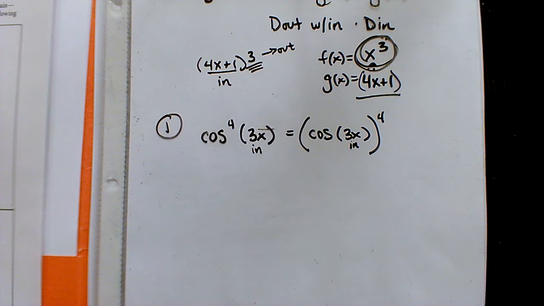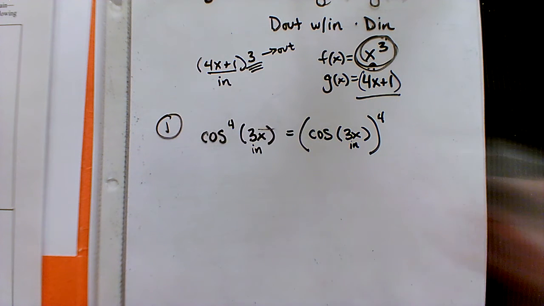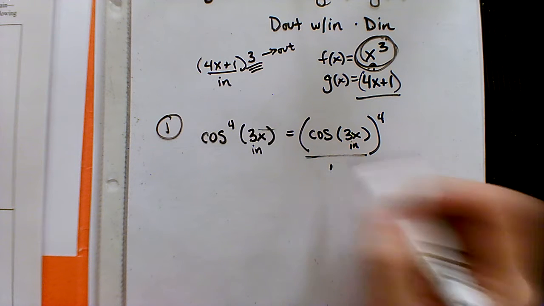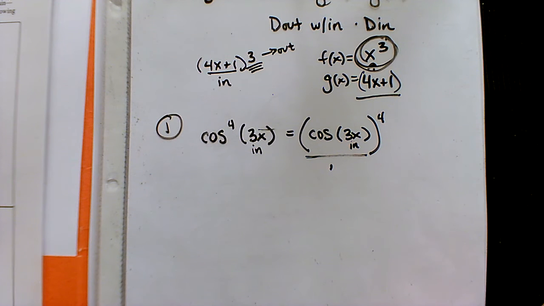Can we label any other inside-outside functions? Cosine of 3x is the inside, and the 4 is the outside. All right, so we're going to have a chain within a chain. Do you realize how you can identify 2 inside functions, but also 2 outside functions?